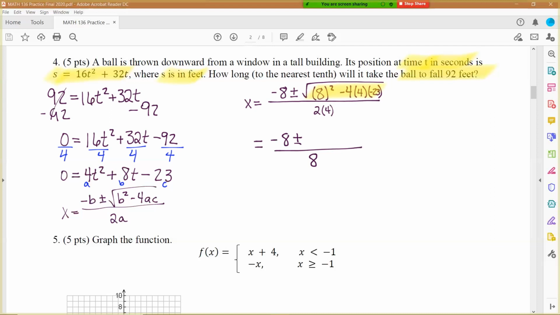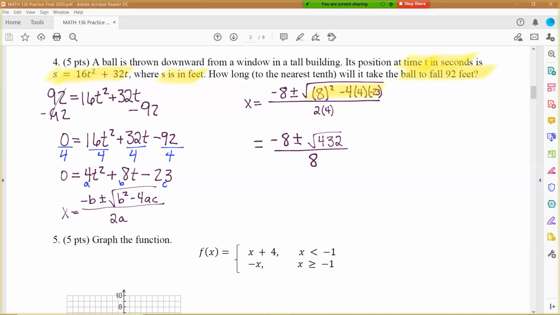Somebody tell me what you get when you type that in your calculator. 432. Check to see, is 432 a perfect square? Can you square root it and get a perfect answer? Nope, because you're square rooting, that's not.